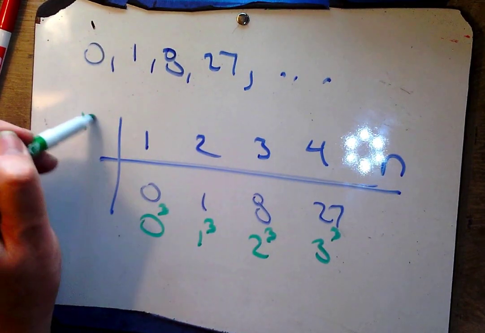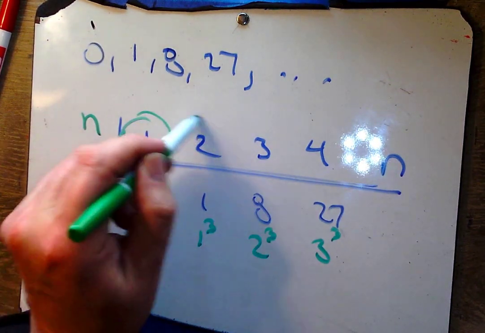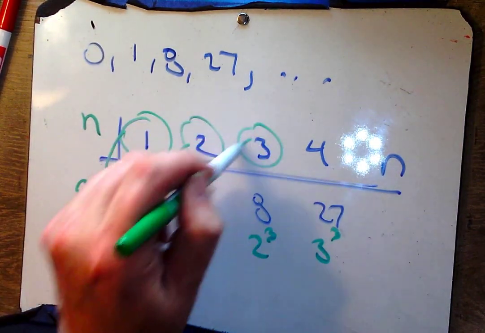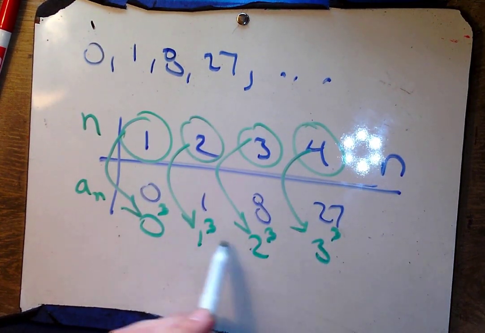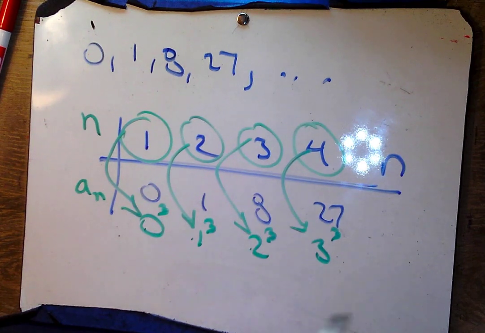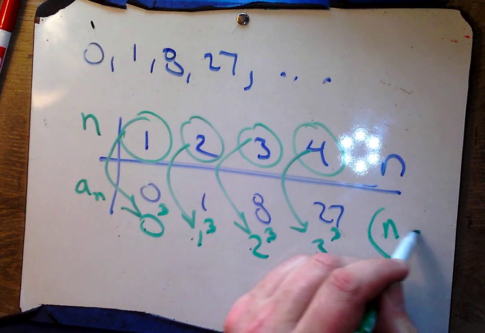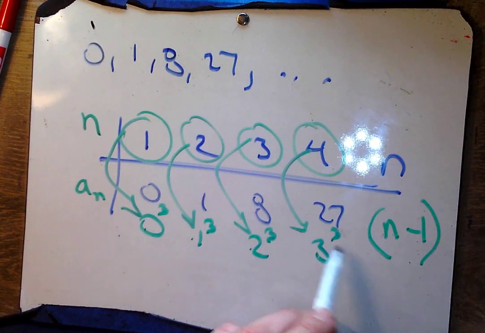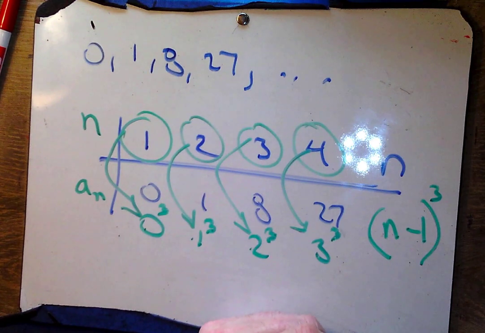Now, do we have a way to connect our n value with what we see here? I agree. This base is 1 less than my term number. Okay, so I'm going to have 1 less than the term number, and all of them are raised to the third.